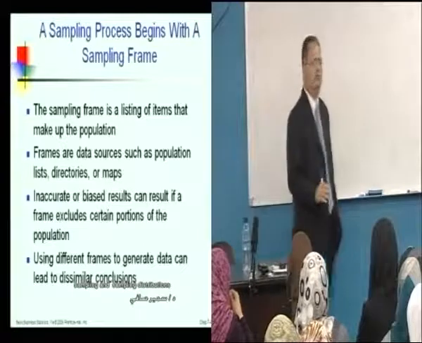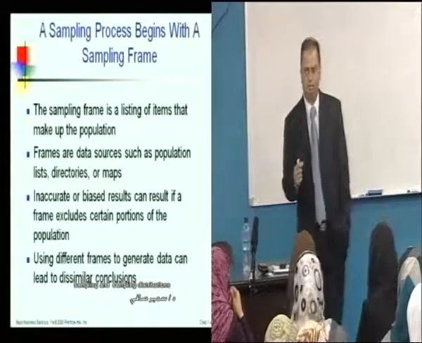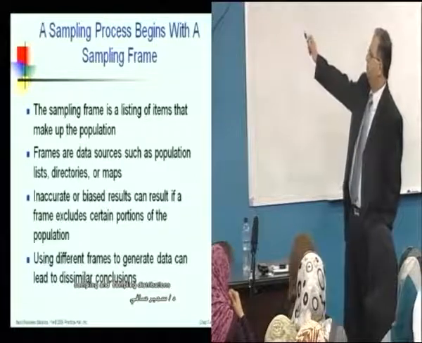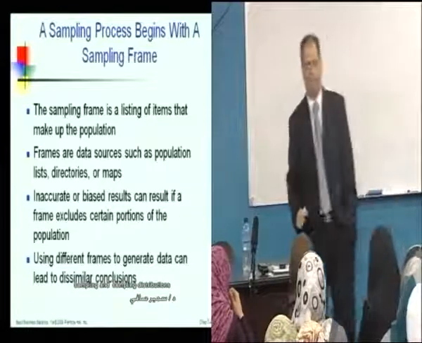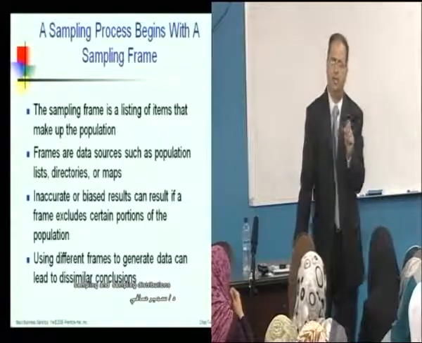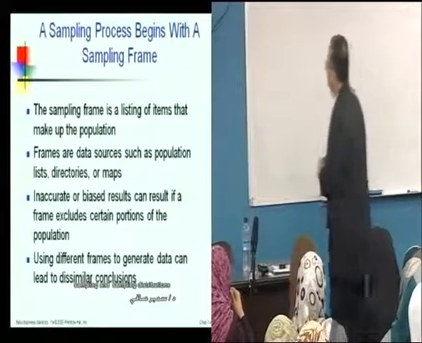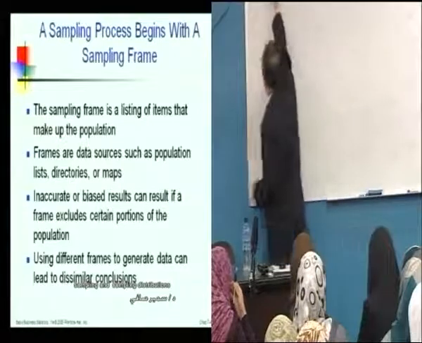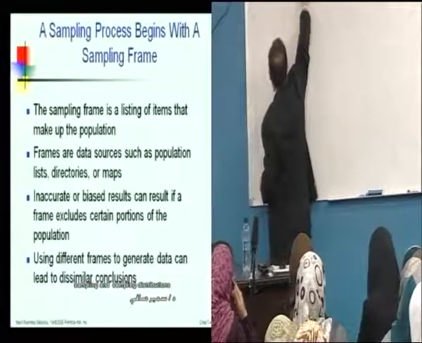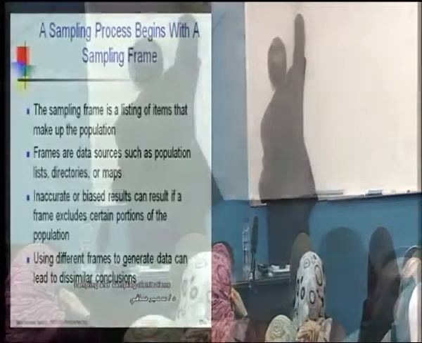Let's start with the sampling process that begins with a sample frame. Now, suppose my goal is to know the opinion of IUG students about a certain subject.